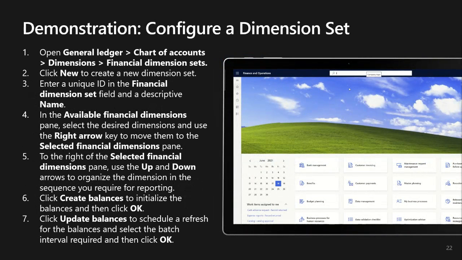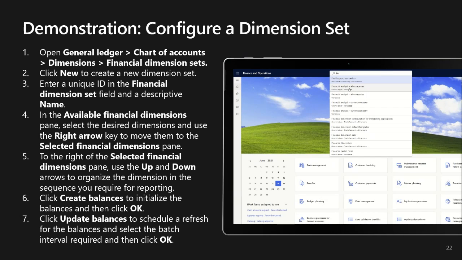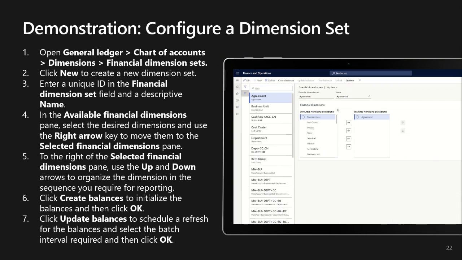And here we have a demonstration of how to create or configure a dimension set. So you open up the financial dimension sets page. You click new and you enter a unique ID for the financial dimension set and then give it a descriptive name. And you can see the demo data uses dimension set names that have which dimensions they include.